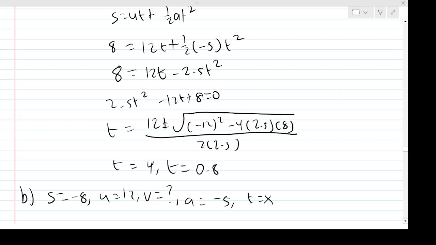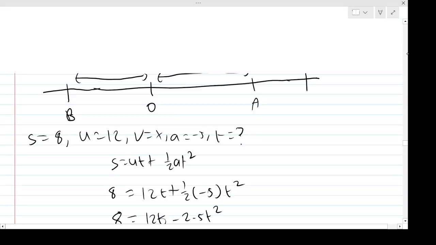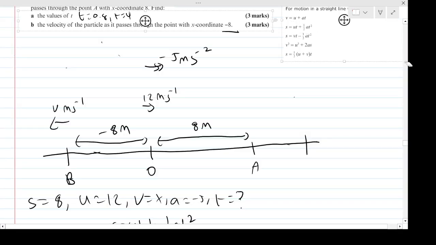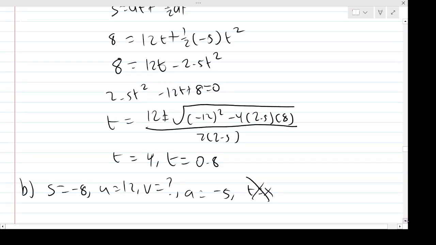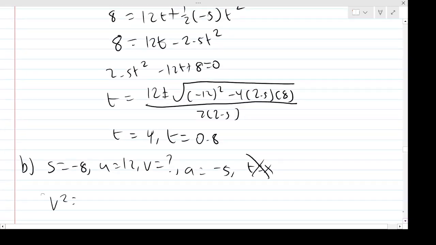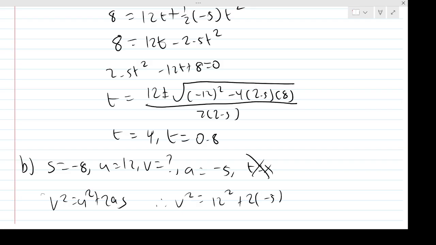So I want the formula without a t in, which is going to be v squared is u squared plus 2as. So v squared is going to be 12 squared, add 2 lots of minus 5, lots of minus 8.